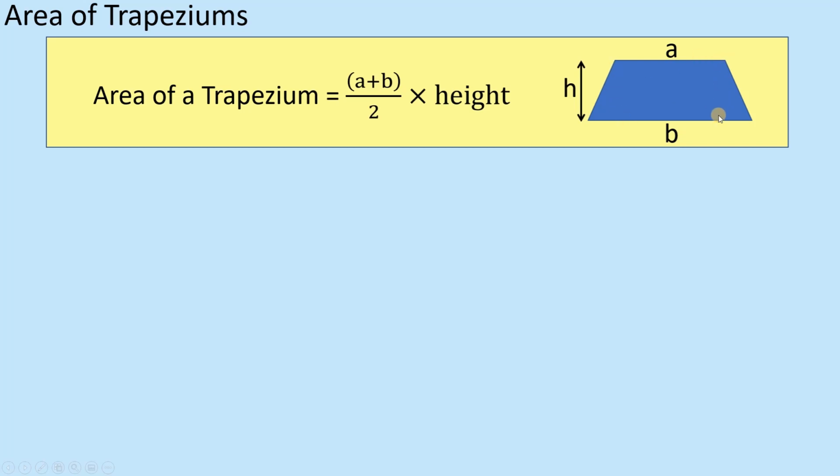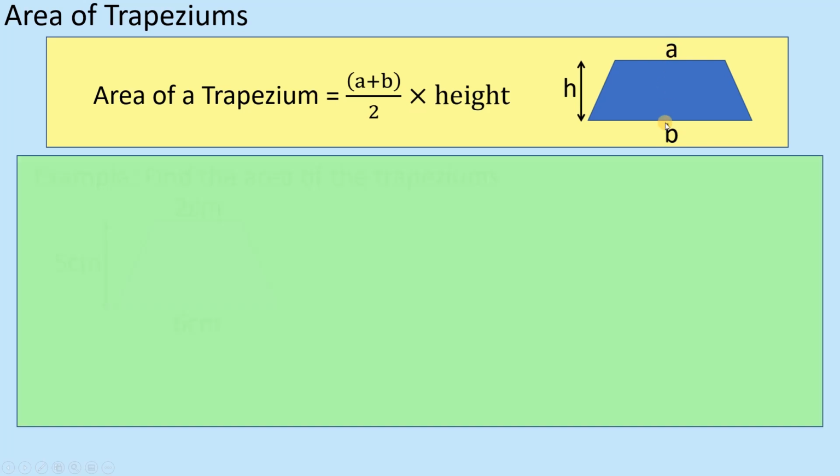The only way it's going to work is if you take an average of these two. So I add the two together and divide by however many there are, just the two of them. Your formula is essentially: add the two together, half it and times it by height. But essentially it's your average of the two.